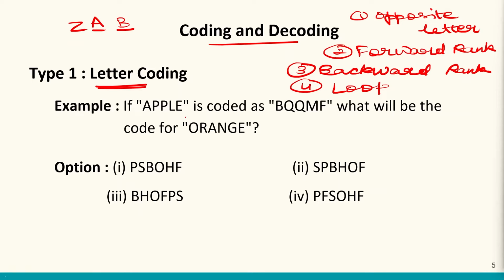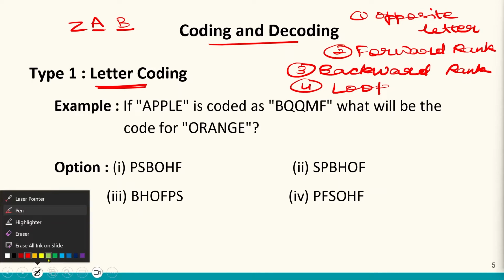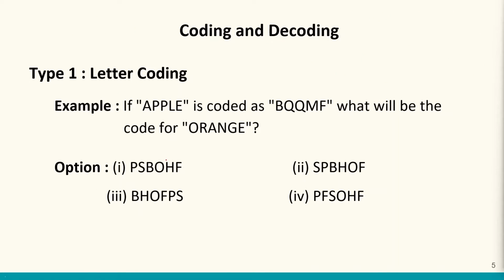Here in this question, if apple is coded as this, the letters are given to us, and we have to find the code for orange. Whenever we get a question like this, first let us write the original form and then the coded form.